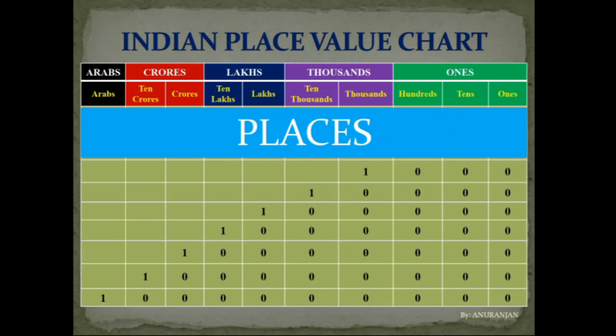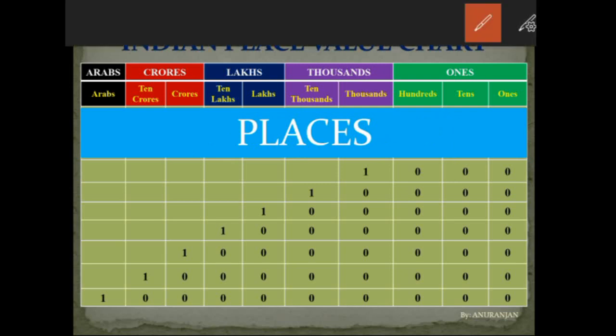So here you can see that under the ones period we have the ones, tens, hundreds places. After that we have thousands and 10,000 in the thousands period. Then we have lakhs and 10 lakh in the lakhs period, and then crores and 10 crores, and then Arabs.